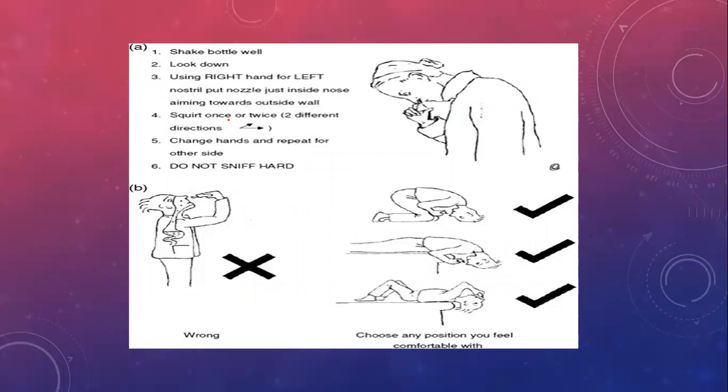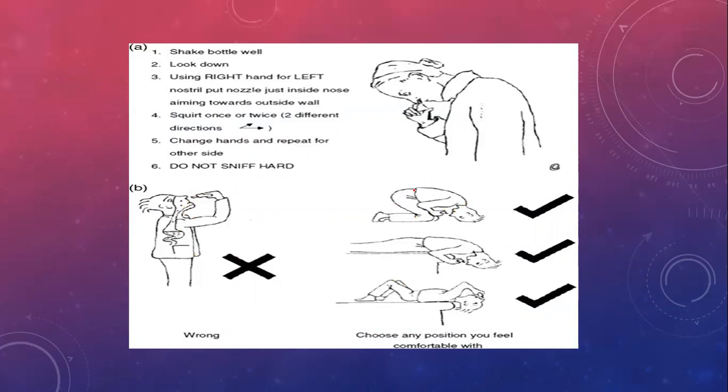So these are some pictures showing the positions that should not be practiced while performing nasal spray instillation. This is wrong, because if you try to instill the medication like this, it cannot be fully absorbed into the nasal cavity.